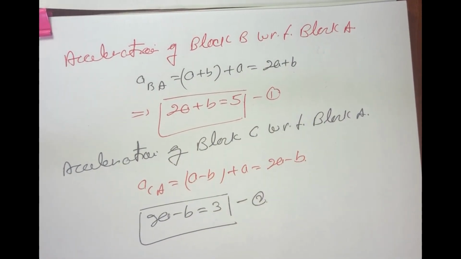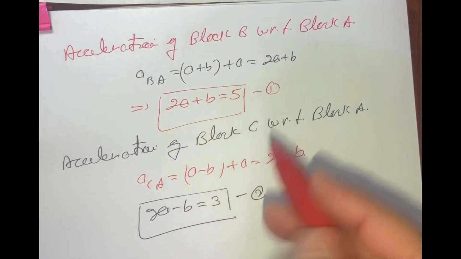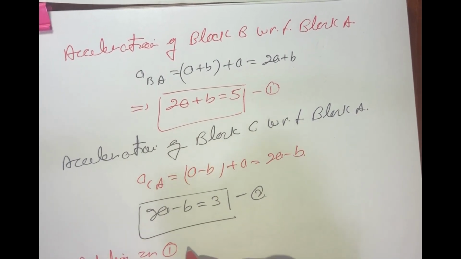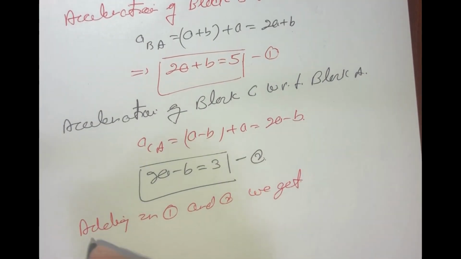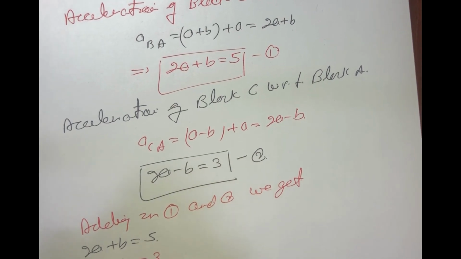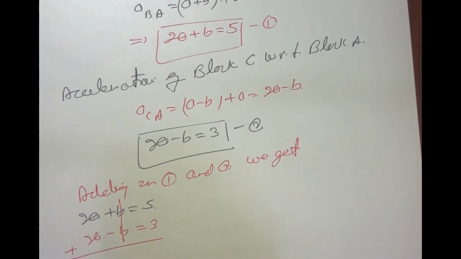These are two simultaneous equations. We can solve them by adding them, since this is minus b and this is plus b. Adding equation 1 and 2, we get 2a plus b is equal to 5, and we have 2a minus b is equal to 3. We add them, b cancels out, so we get 4a is equal to 8.